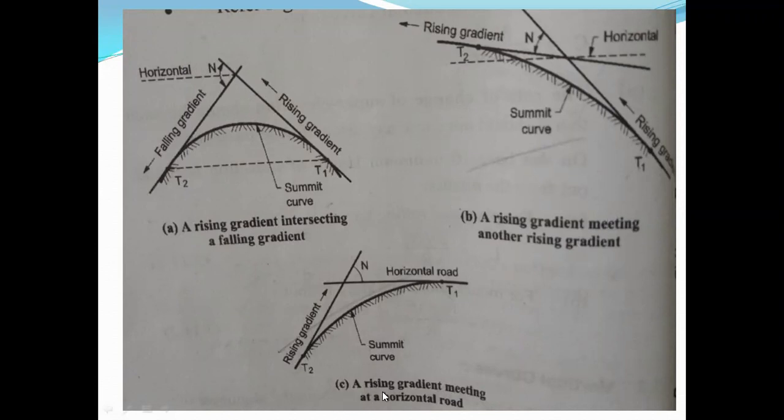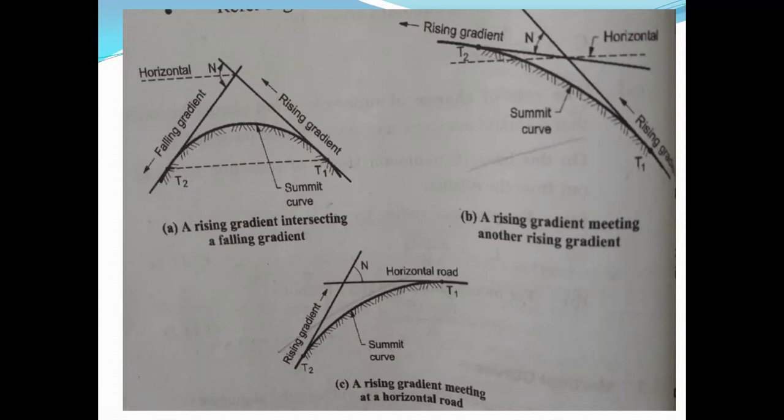Then the third case is a rising gradient meeting the horizontal road. See, this is the horizontal road, this is the rising gradient, and it can intersect at angle n, and the curve formed by the upward convex surface is the summit curve. This is the third case of the summit curve.